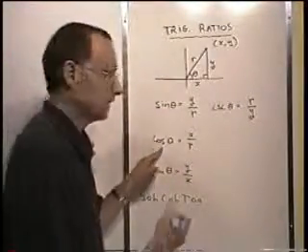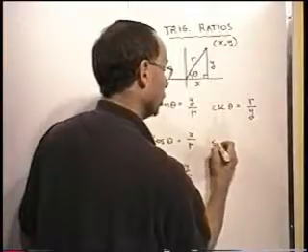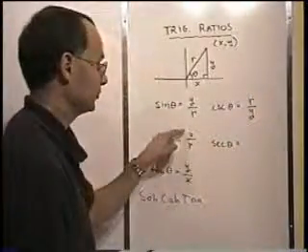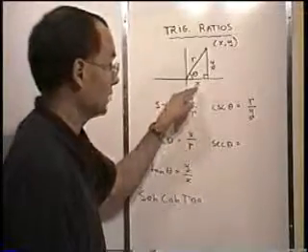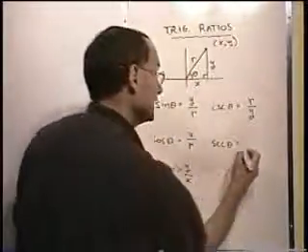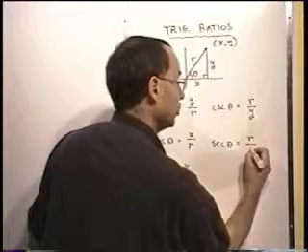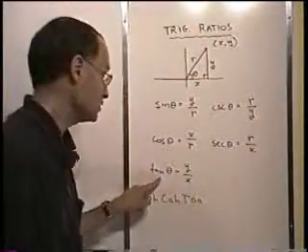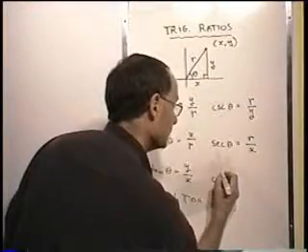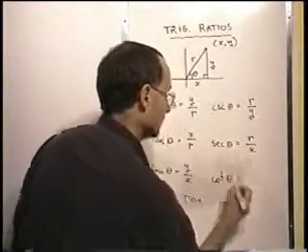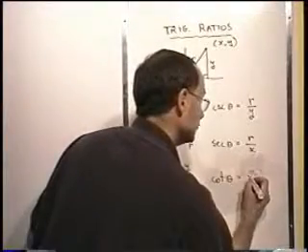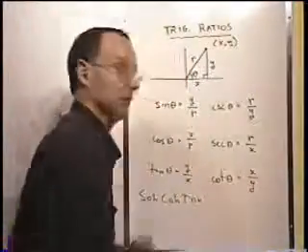And for cosine, the reciprocal function is called secant of theta. So instead of x over r, or the adjacent over the hypotenuse, it's the hypotenuse over the adjacent side. And the reciprocal of tangent is called cotangent. So instead of opposite over adjacent, it's the adjacent over the opposite.